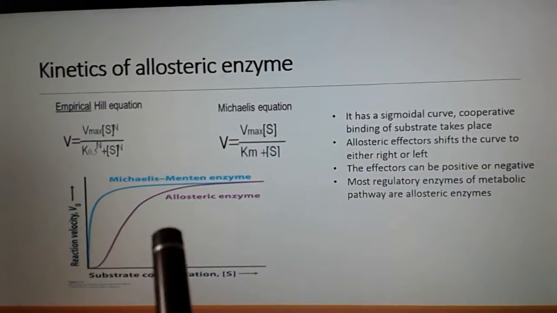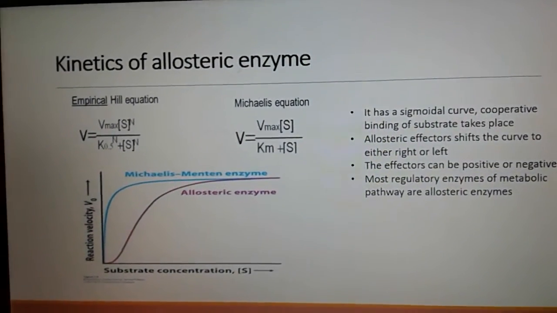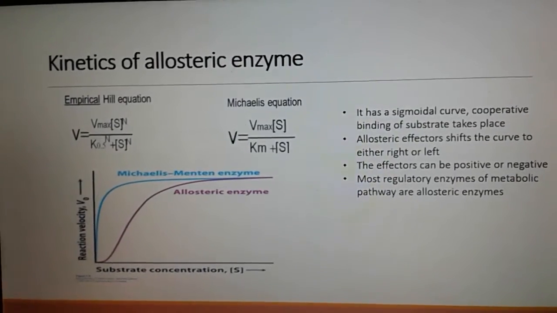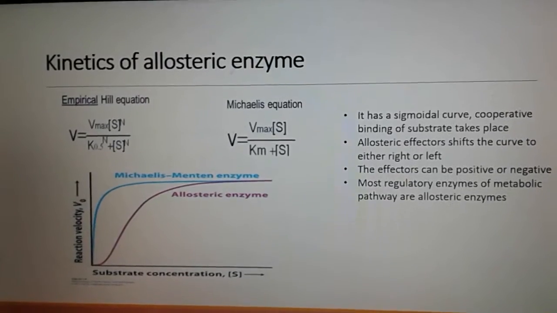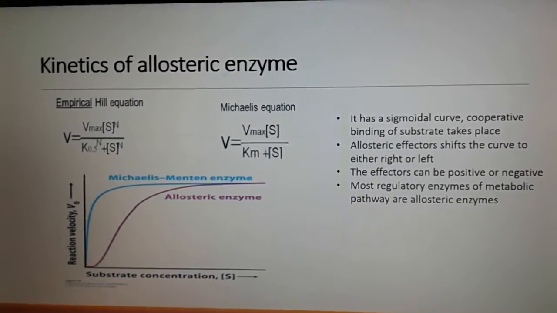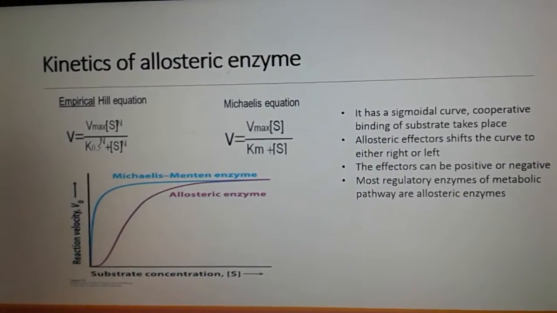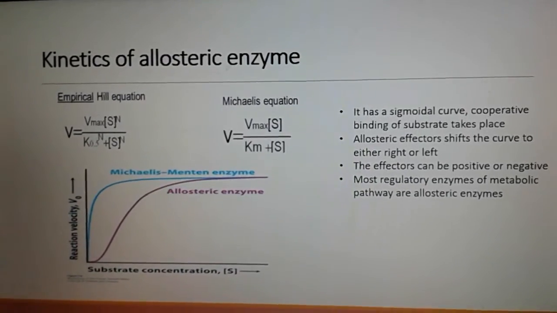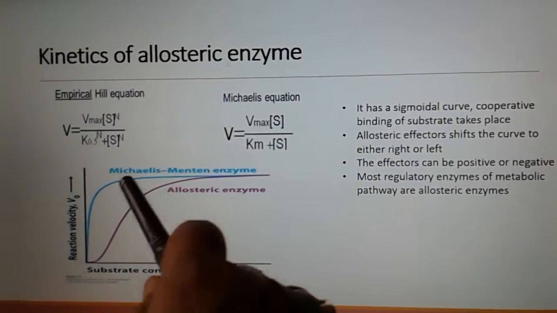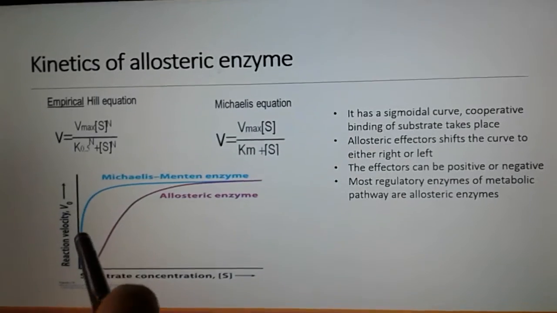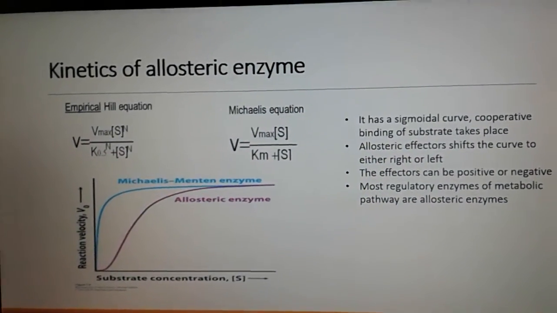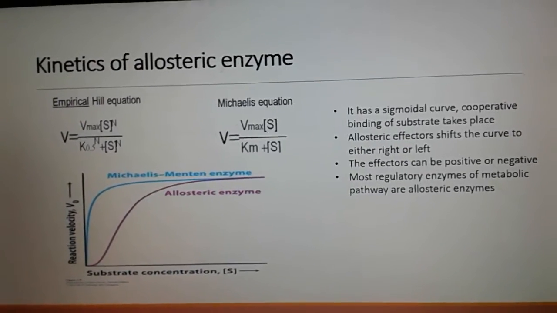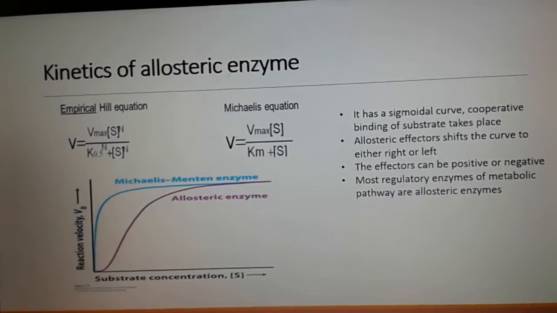The value of n typically ranges from 1 to 4, and the conformational change which occurs in the allosteric enzyme due to the binding of the effector and the inhibitor changes the hyperbolic nature of the Michaelis-Menten curve to a sigmoidal curve. This is the basic difference between these two.